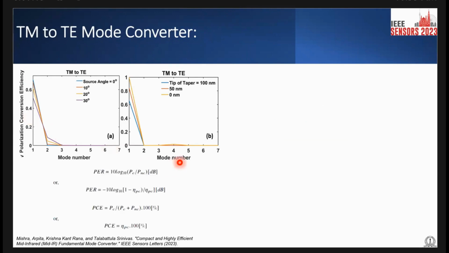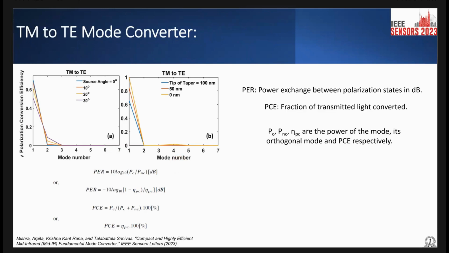Polarization conversion efficiency is the fraction of transmitted light which is getting converted. This tells us that the first mode, the fundamental TM mode, is getting converted to TE. These simulations we have done using the mode expansion monitor in FDTD.